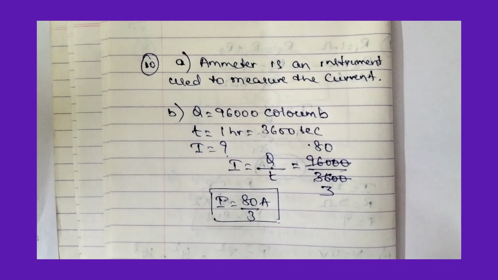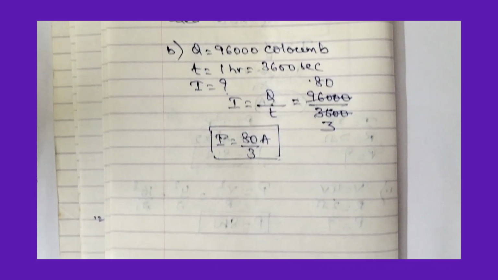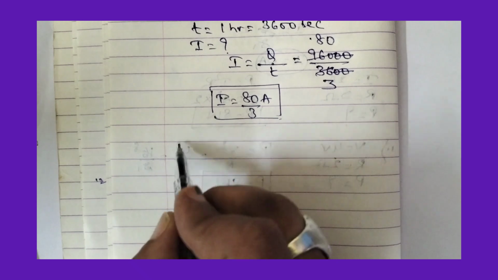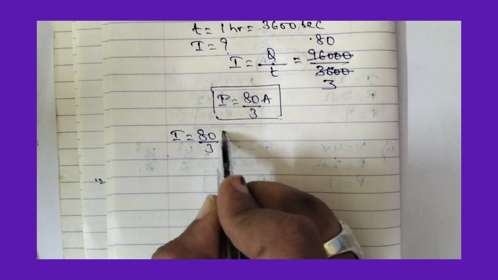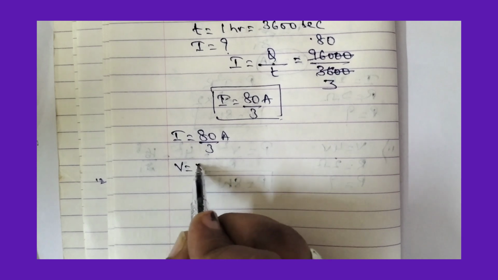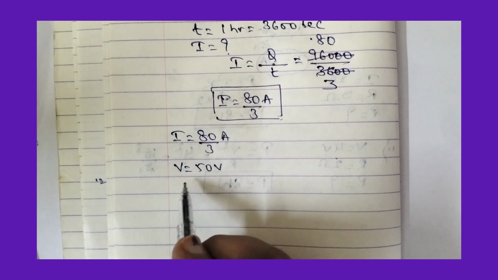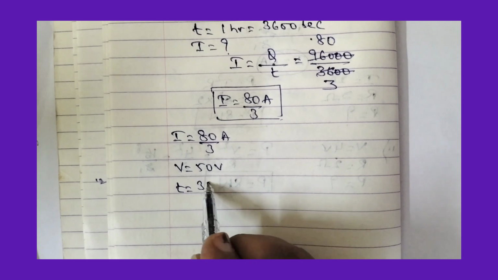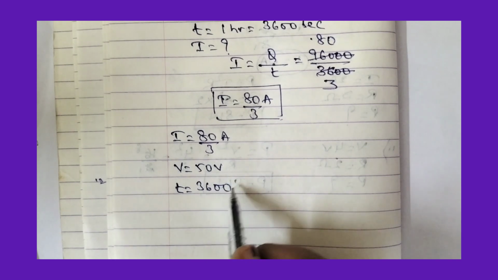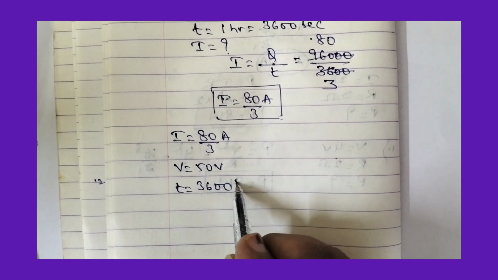This is the current. So now we know the current flowing through the conductor. I is equal to 80 by 3 ampere. Voltage is given as 50 volts. Now let us calculate the heat generated. Time is equal to 3,600 seconds. Sorry, not hours, 3,600 seconds.